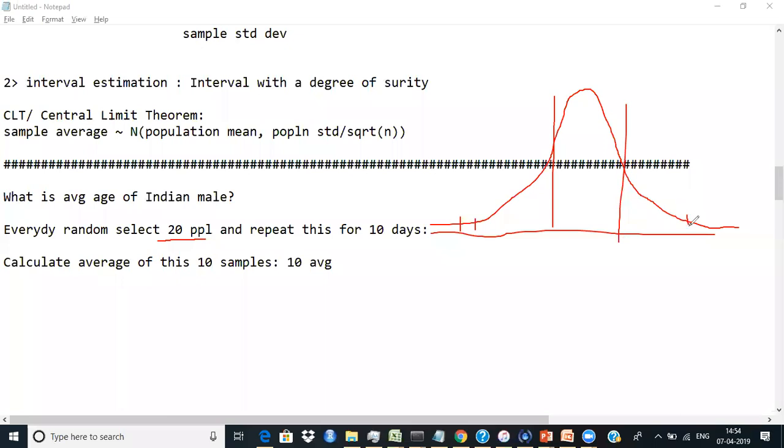So when you plot their averages, imagine what shape you are getting. If most of the observations came from this region, the average will be somewhere around here. For this sample, the average will be somewhere around here. So it comes out to be a bell curve.